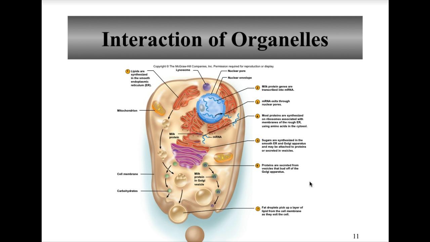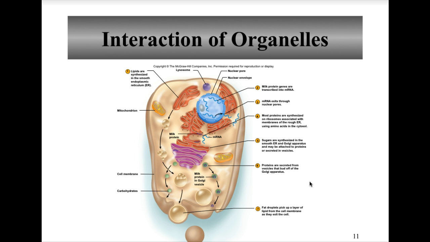So here you see the interaction of organelles. If you look here, lipids are being synthesized in the smooth endoplasmic reticulum. Milk protein genes are transcribed into messenger RNA. The messenger RNA exits through the nuclear pores. Most proteins are synthesized as ribosomes associate with membranes of the rough ER, using the amino acids in the cytosol.